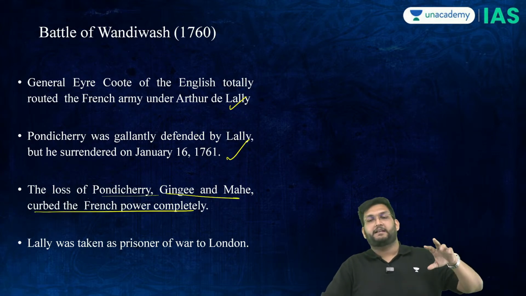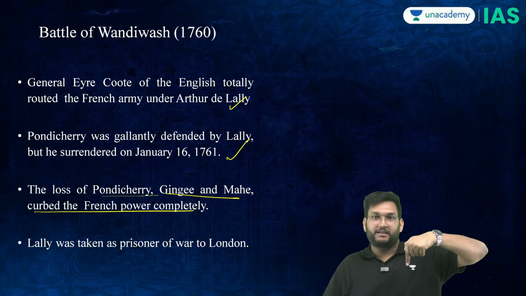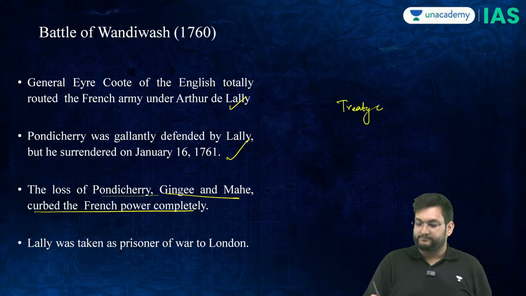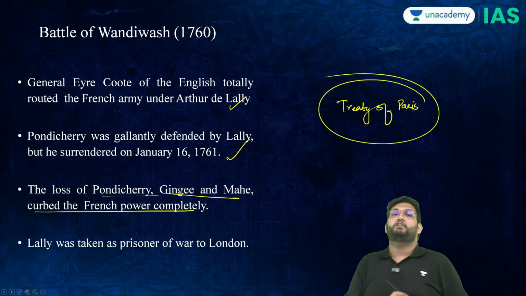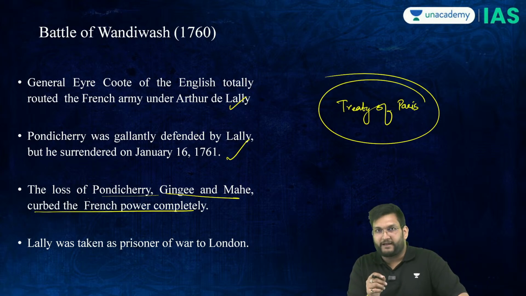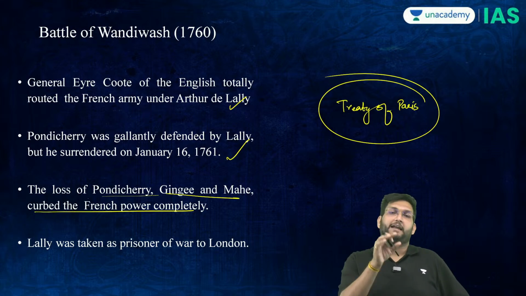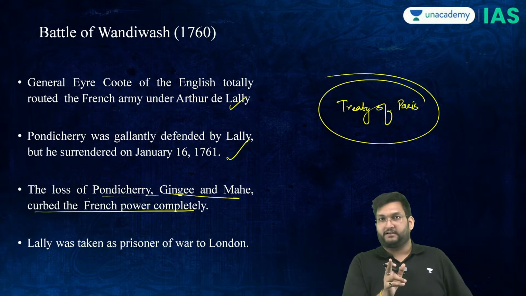Arthur de Lally will be taken as a prisoner of war to London, but the treaty is not going to happen in India. The treaty is going to happen in Paris, because the 7 Years' War is going to end with the Treaty of Paris. Under the Treaty of Paris, the English were kind enough to give Pondicherry, Mahe, Karikal and Yanam back to the French, but only as protectorates.